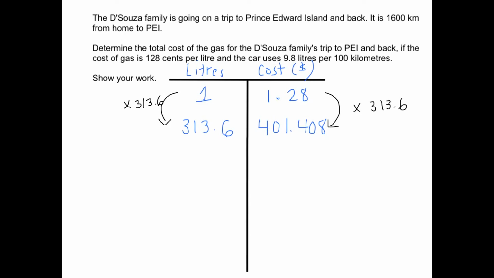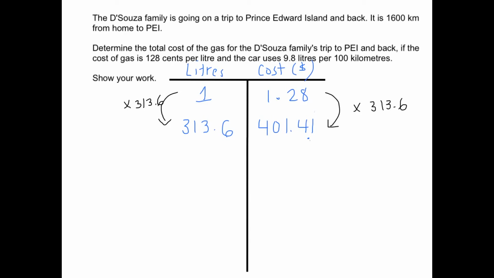But since we're dealing with cost and money, we need to round this to the nearest penny. If I look at the number next to this, it's greater than 5. That means I need to round up. $401.41 would be to the nearest penny.